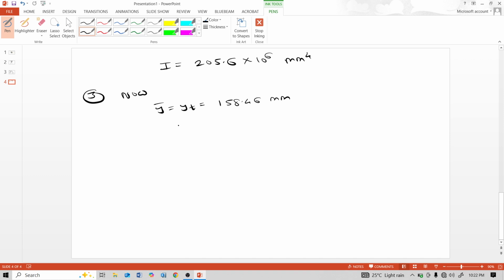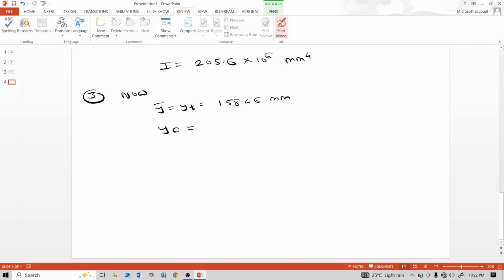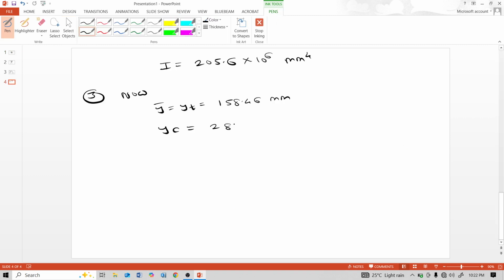Now we have to calculate YC. YC is equal to the total depth of that I cross-section beam, which is 40 plus 200 plus 40, 280, minus this YT, 158.46. 280 minus 158.46 is 121.54 mm.